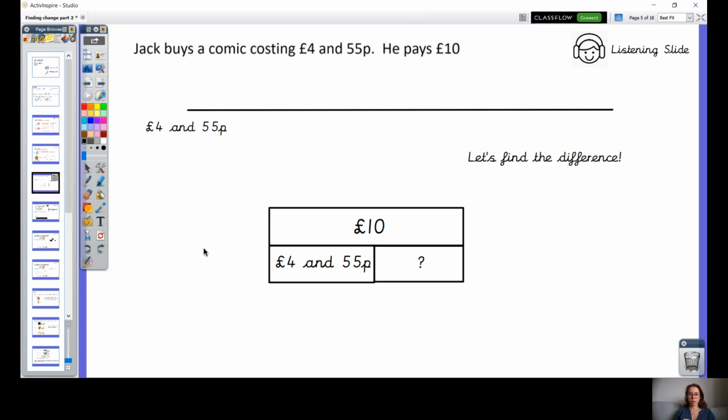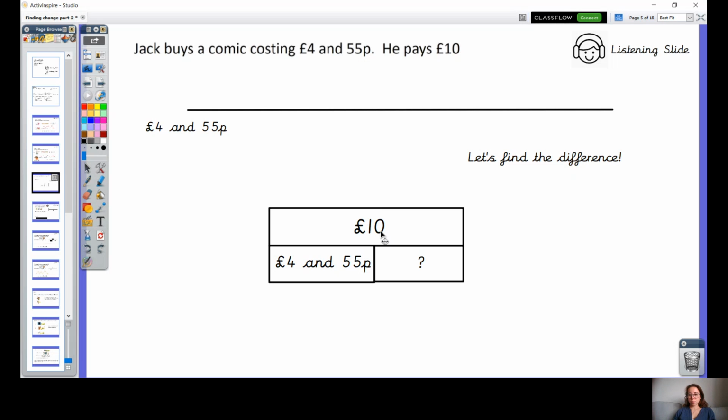So Jack buys a comic costing £4.55. He pays this time with a £10 note. Now, because I've got some pounds and some pence, drawing £1 coins to help me isn't going to be overly helpful. So I'm actually going to be using a number line this time.